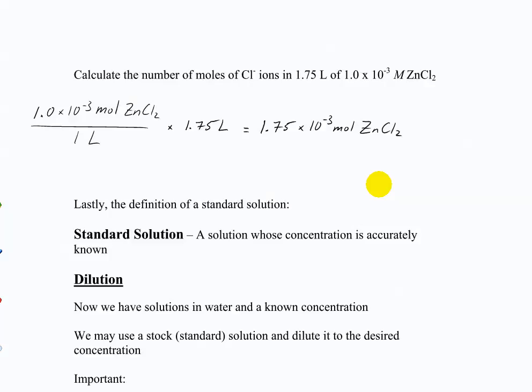So now how do we figure out the number of moles of chloride ions? Okay, no. Yeah, you're right. You multiply this by 2 because there are 2 chloride ions for each zinc chloride.